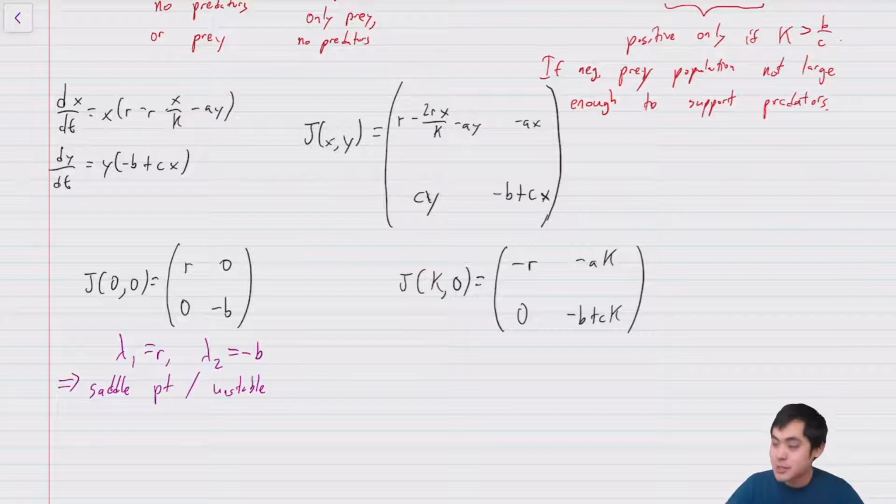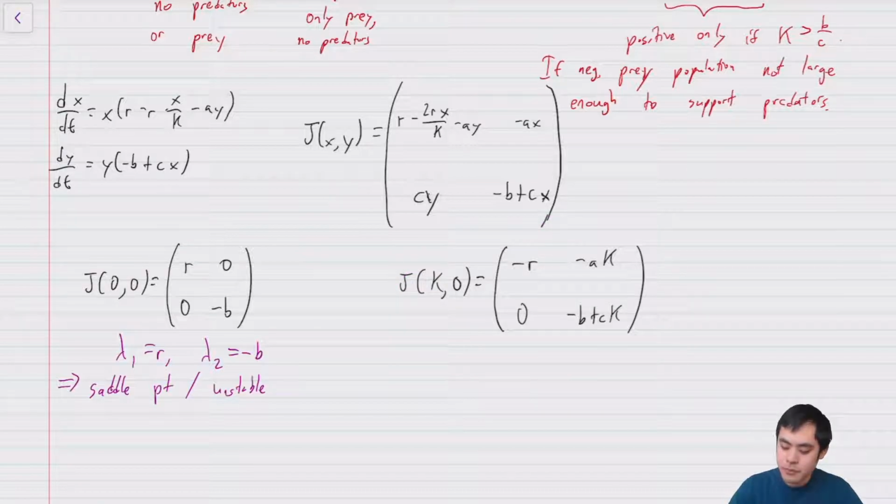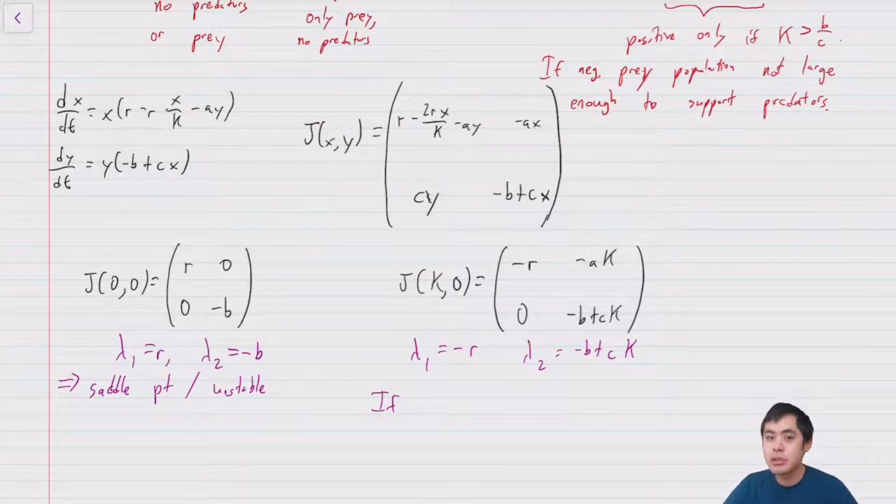Here, this one is a triangular matrix, and therefore you can again read the eigenvalues off the diagonal. So lambda 1 is equal to minus r, and lambda 2 is equal to minus b plus c k. Note that minus r is always negative, so we only need to look at whether lambda 2 is positive or negative.